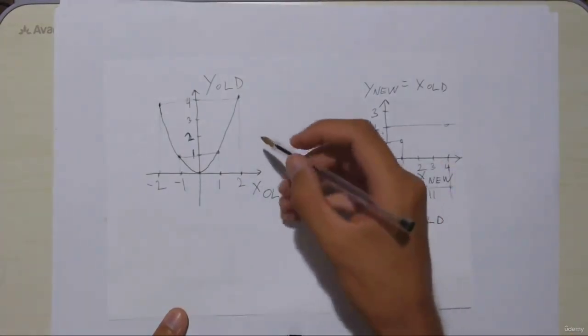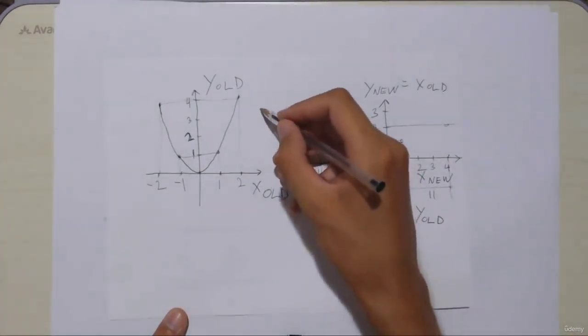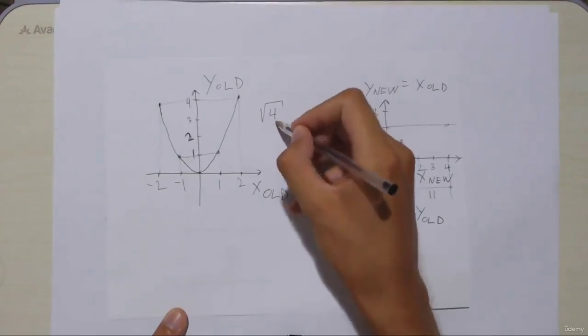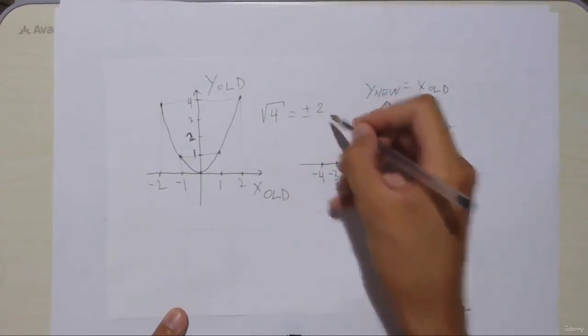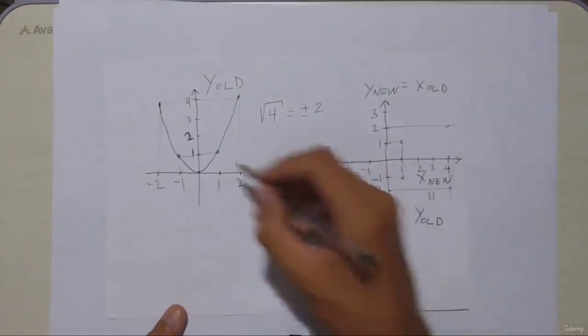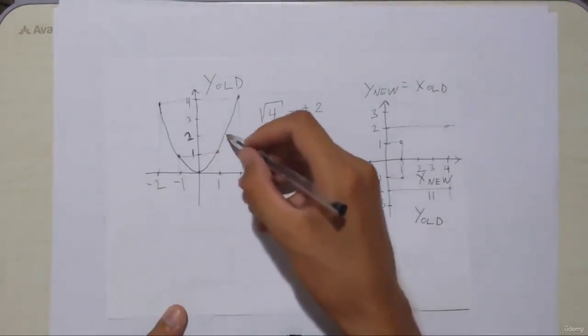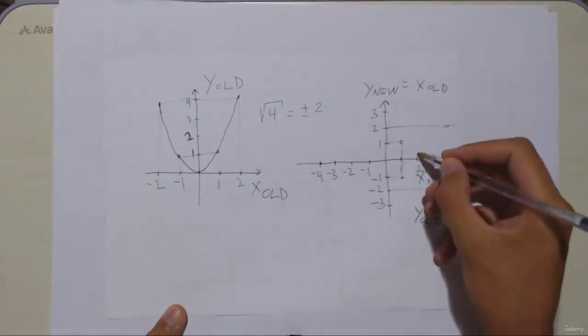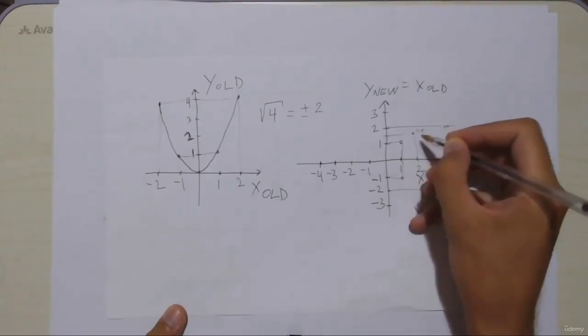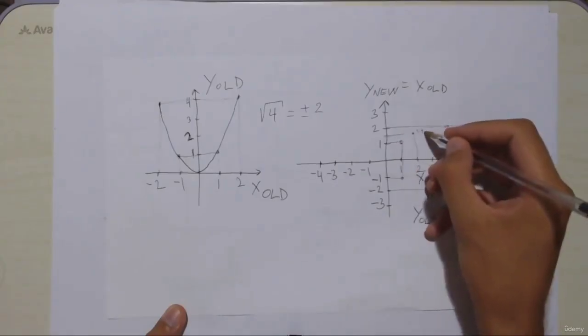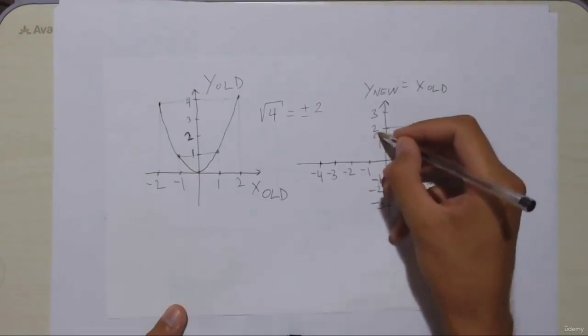So essentially what just happened was that I took a square root of 4 and I got plus and minus 2. So if you go from 2, then you would get some kind of value here, which is around 1.4 something. It would be equivalent to square root of 2.